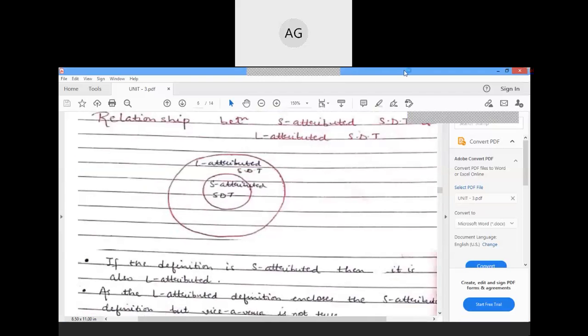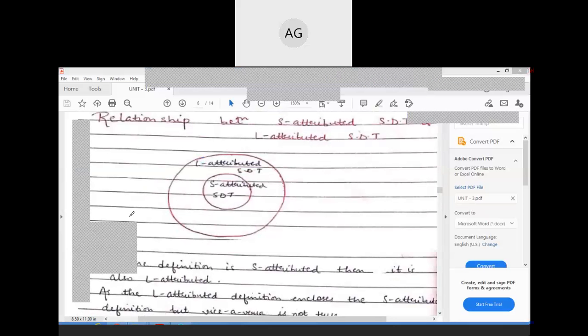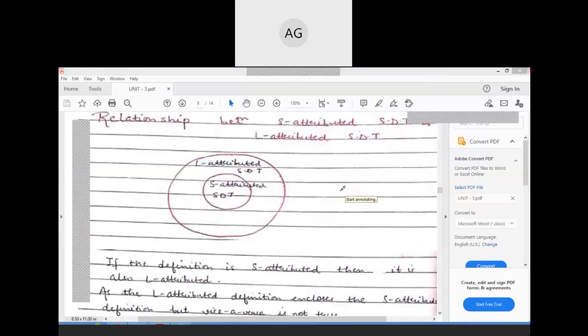Now the relationship between the S attributed SDT and the L attributed SDT. As you can see in the diagram, S attributed SDT is in the inner circle, and after that L attributed SDT is there. So there are 2 points which come from this diagram: if the definition is S attributed, then it is also L attributed, because S attributed SDT is in the inner circle of the L attributed SDT.